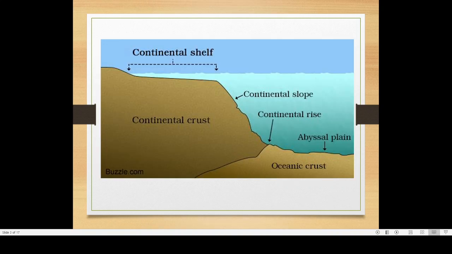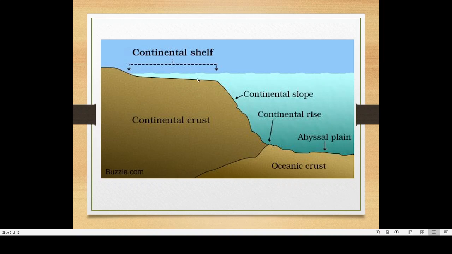Another point regarding the continental island is that a continental island will always be sitting on a continental shelf. So here this is a continent and this is the seashore, and now the seabed is slowly going down or sloping down.